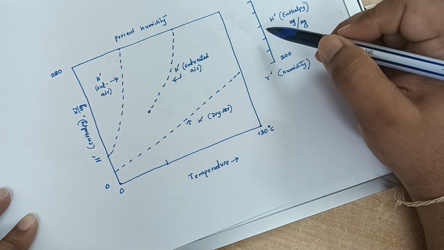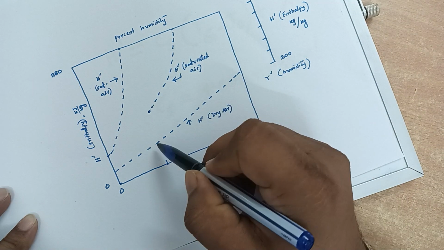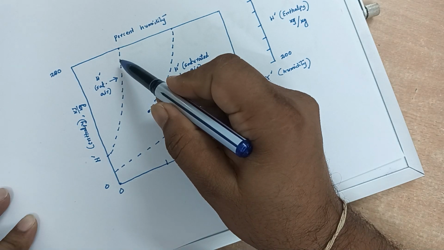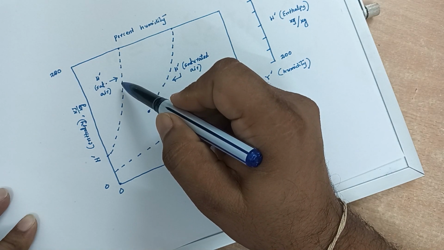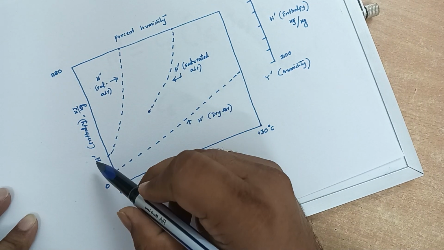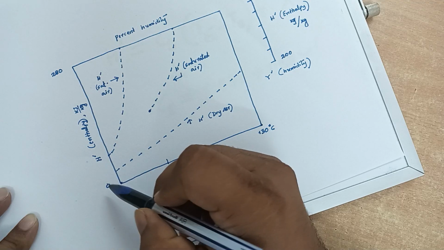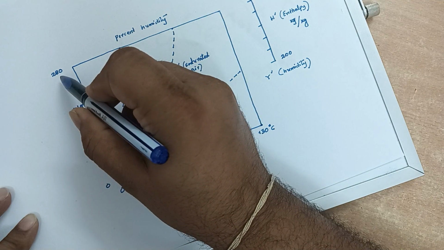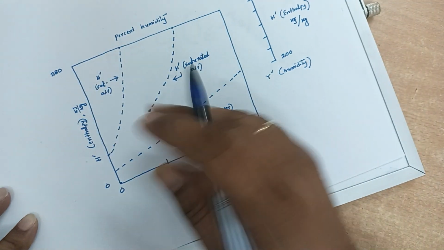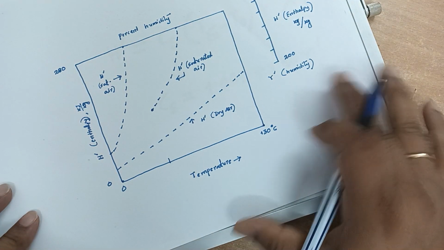And for the enthalpy of dry air and for the enthalpy of saturated air at a lower temperature, you focus on the lower scale, which ranges from 0 to 280 kilojoule per kg. So in that way you have to segregate and read the chart.